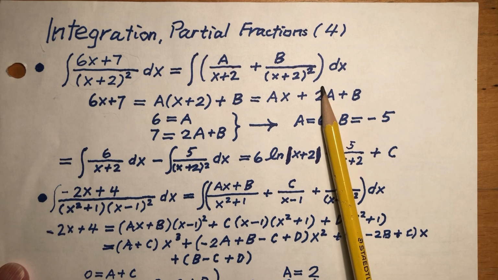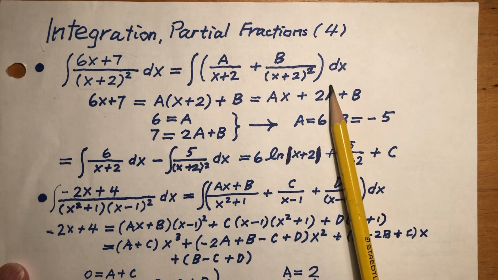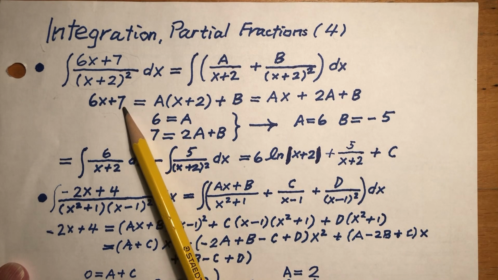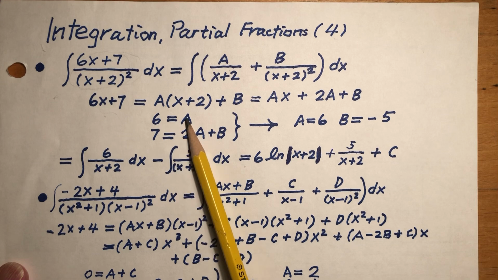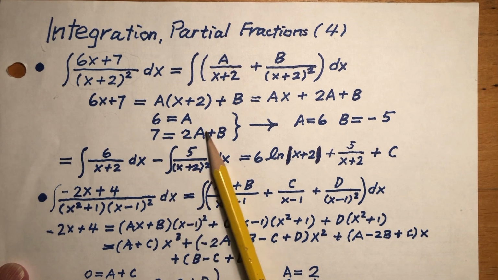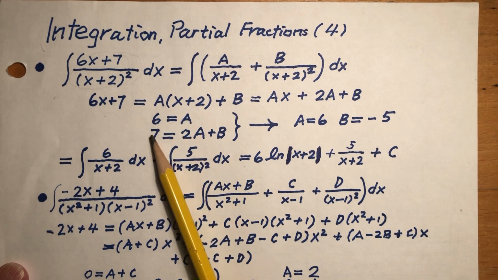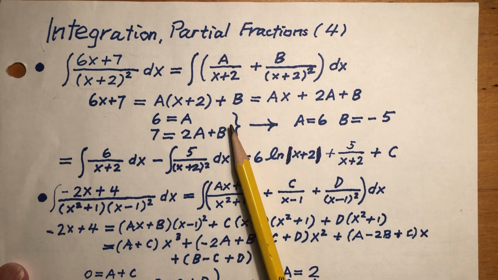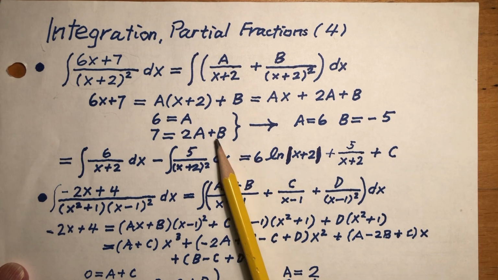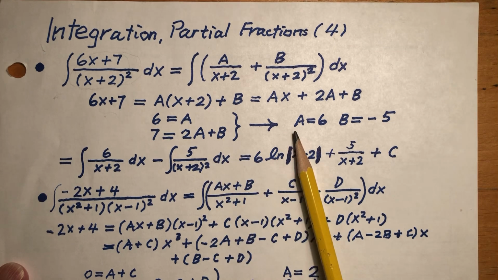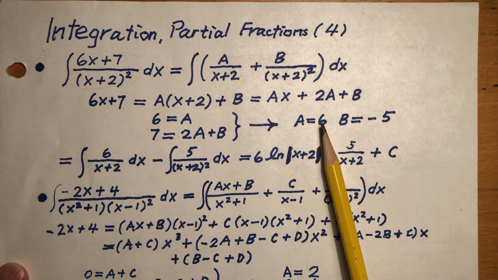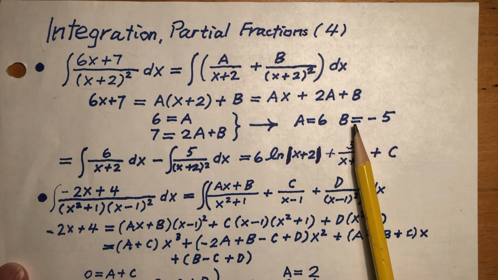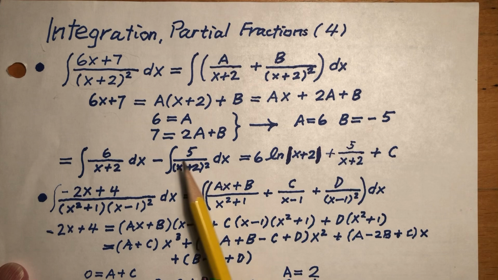I mean, these two terms together should be this. So I have two relations, two equations with two unknowns A and B. I can solve for A and B, and the result is A equals 6, B equals -5.